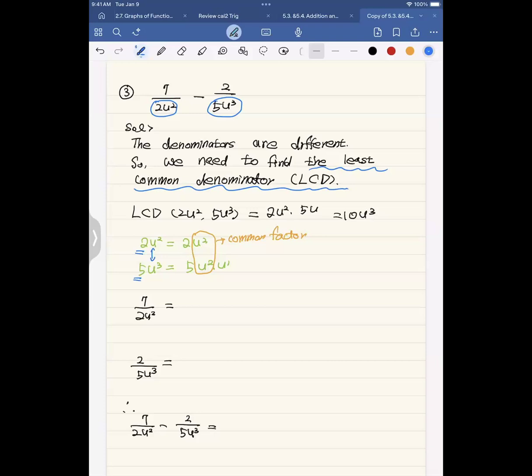So we will decompose the higher degree term to u squared times u to the 1 power. By doing so, we can make a common factor u squared.